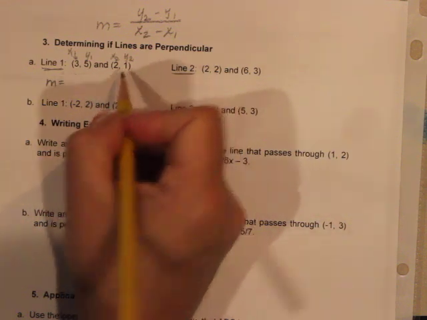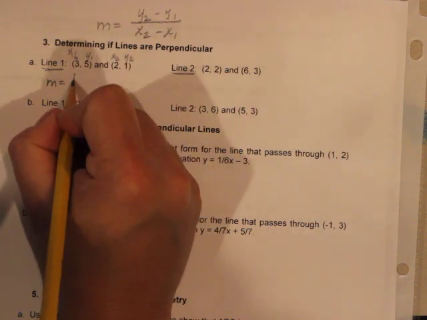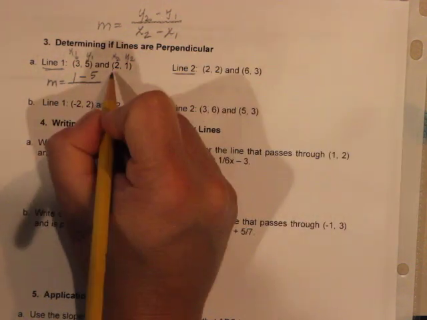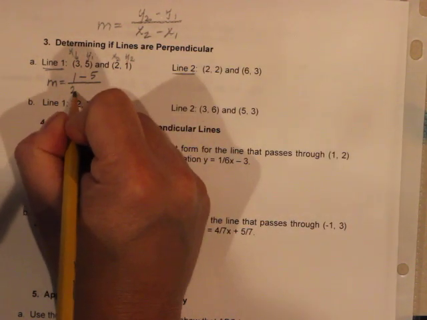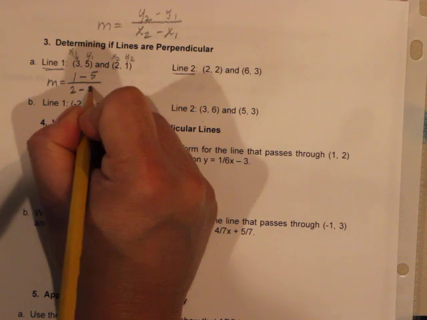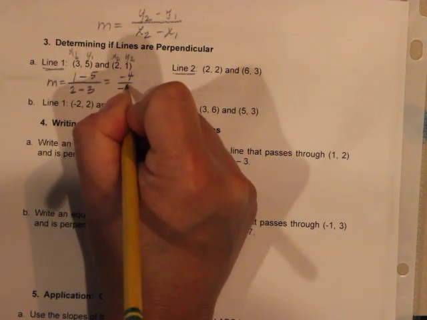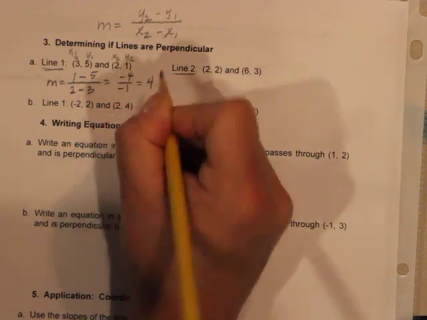Okay, slope is equal to y2, which is 1, minus y1, which is 5, over x2 minus x1. And I get negative 4 over negative 1, which is equal to 4.